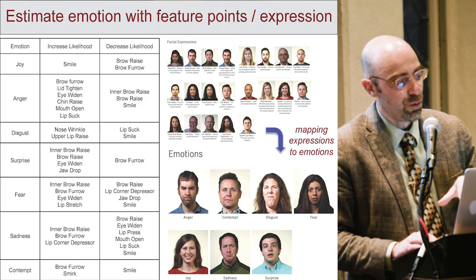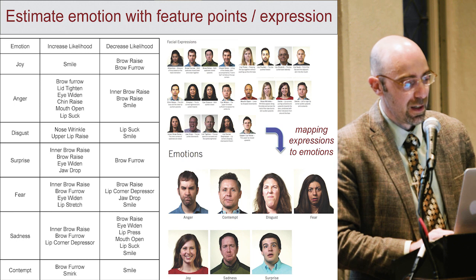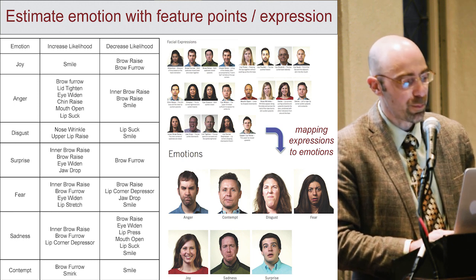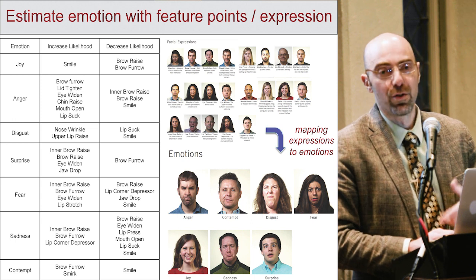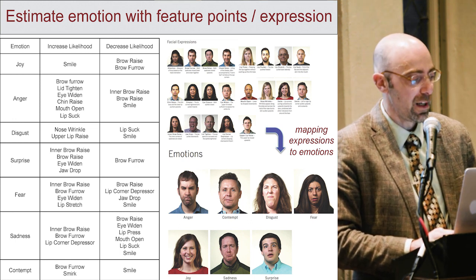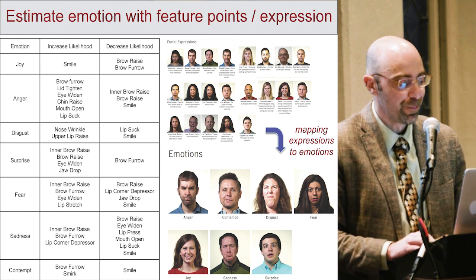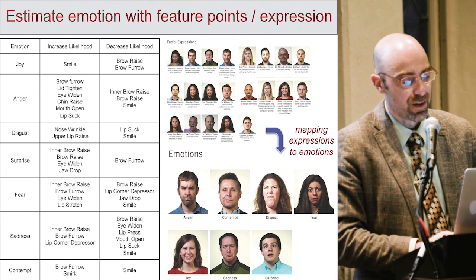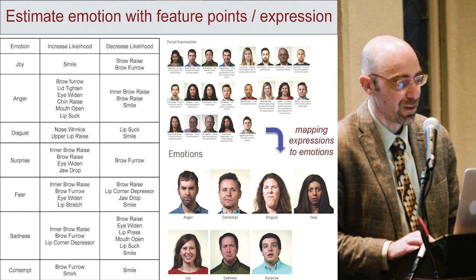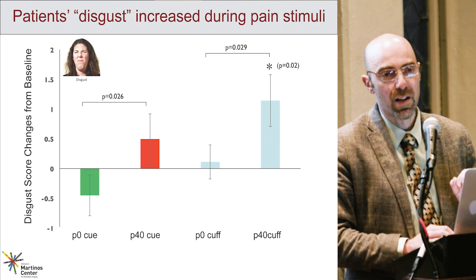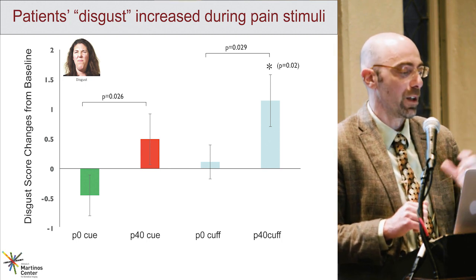Basically what happens is you take different baseline expressions, such as nose wrinkling and upper lip raise, and these are then mapped into canonical emotions such as joy, anger, disgust, surprise, fear, sadness, for example. And so you're mapping these expressions to these canonical emotions. What we found is that the emotion of disgust was the closest emotion we could find to pain.